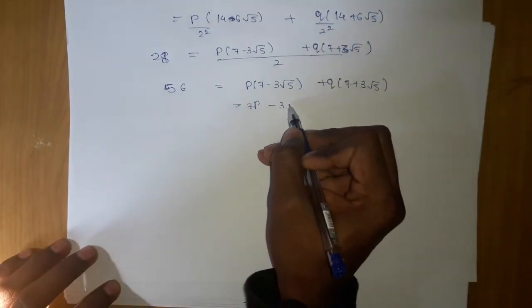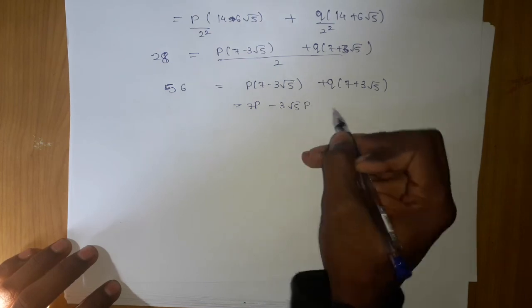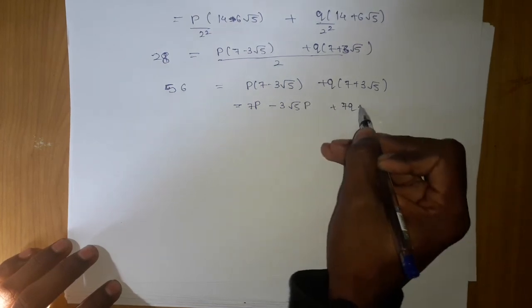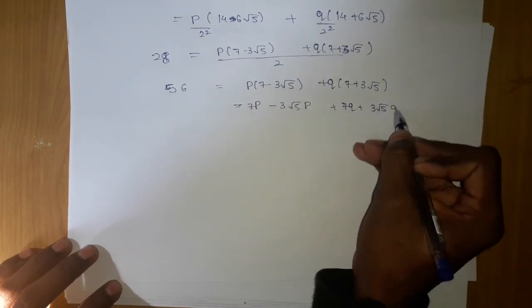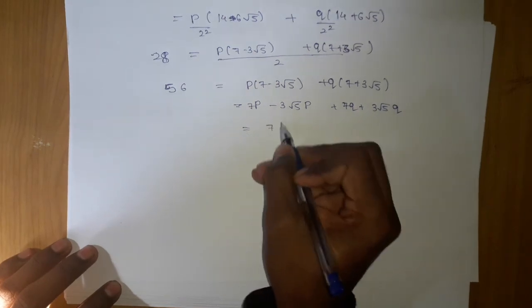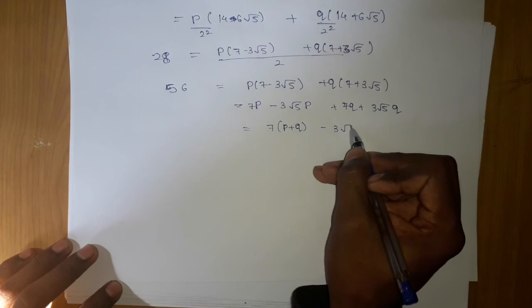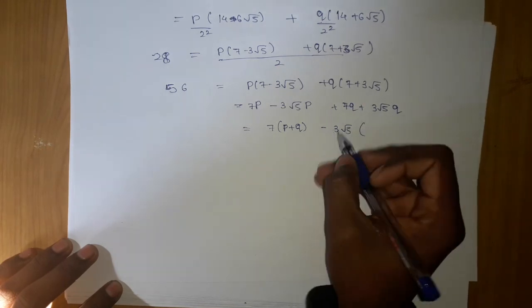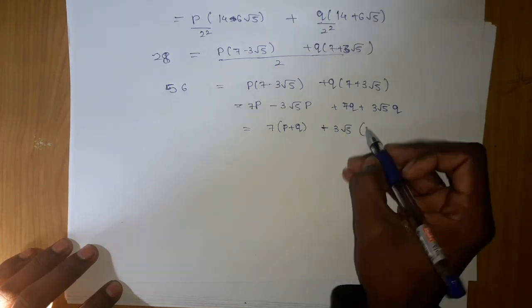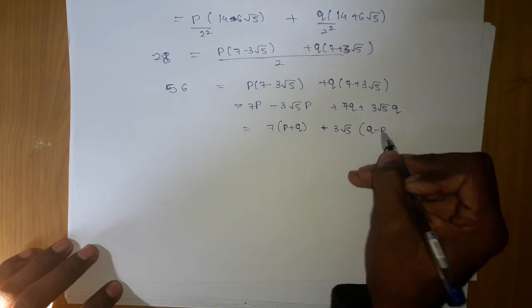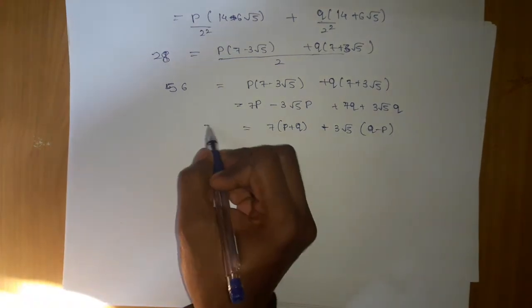7p minus 3 root 5 p plus 7q plus 3 root 5 q. Now if we take 3 root 5 out, then I have (q minus p), and the rest is equal to 56.